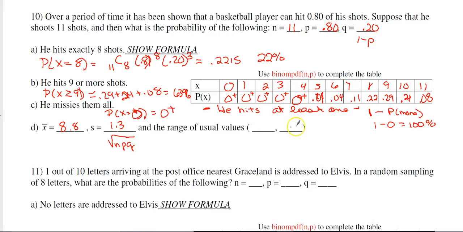And the range of usual values would be from 6.2 to 11.4 standard deviation wise, and by percents 7 through 11 would be the usual values.